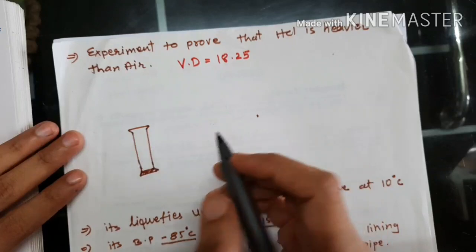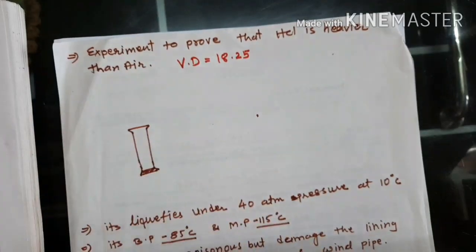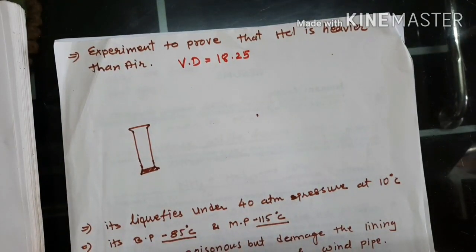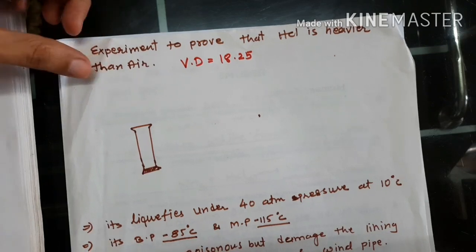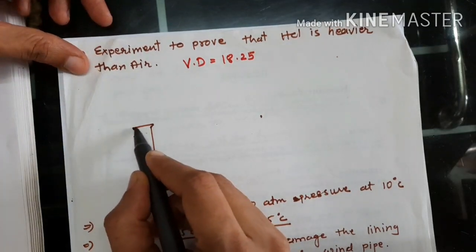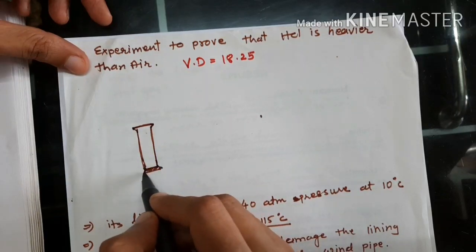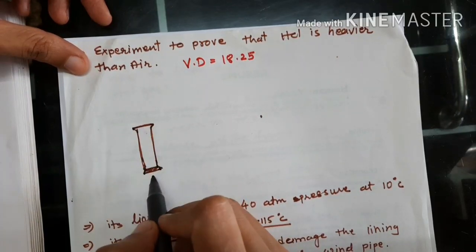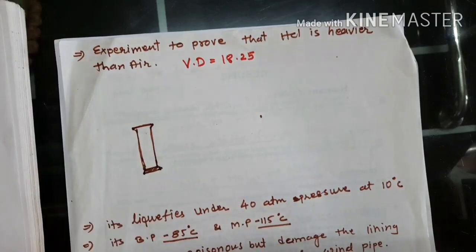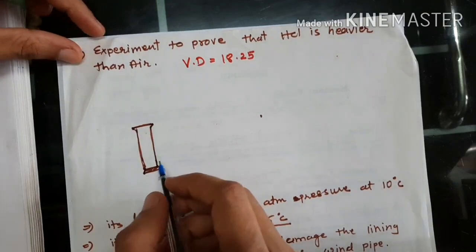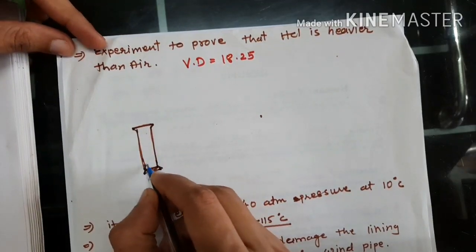So we will do one experiment. I will explain how to do it. Here this is a gas jar, an open gas jar, filled with air. In this gas jar, we fill the blue litmus solution.